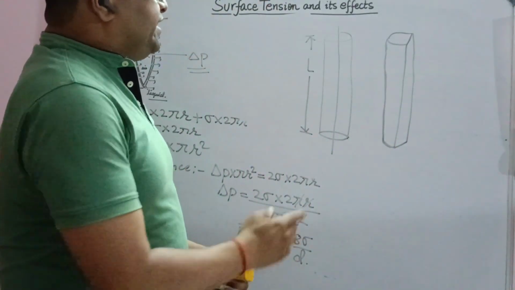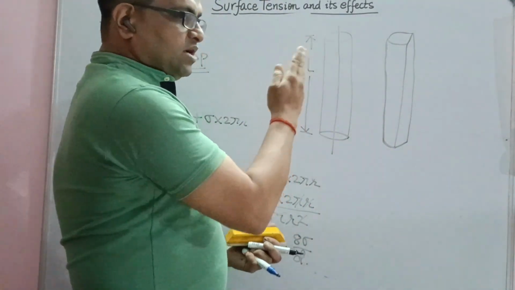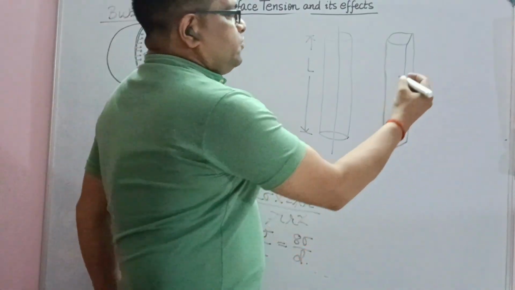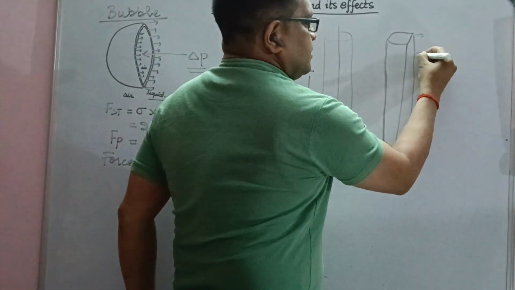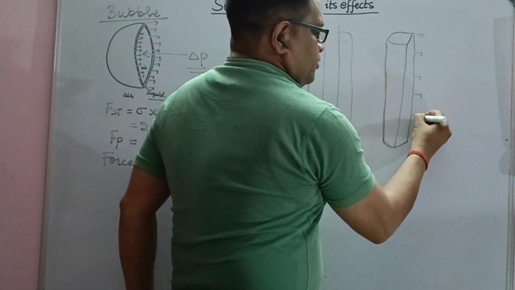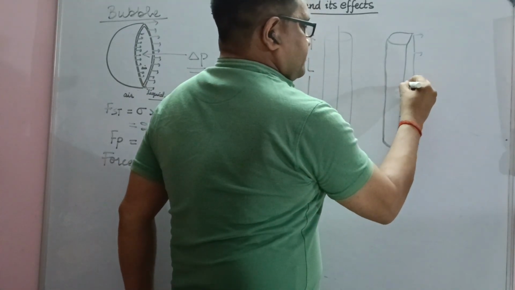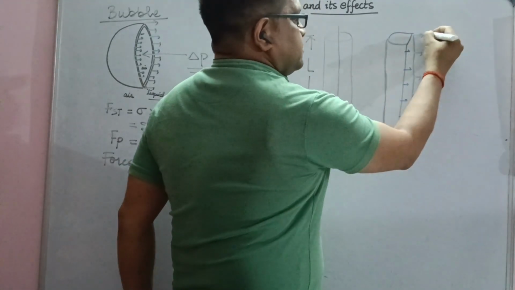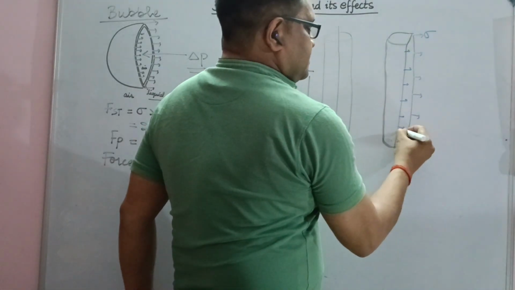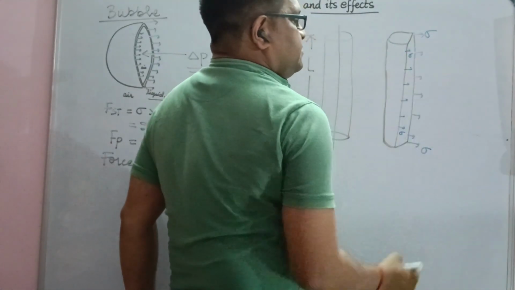Now here the interface that is formed is along the curved surface area. So we will denote it on both the sides. So here also there is sigma that is acting. Here also there is sigma that is acting.